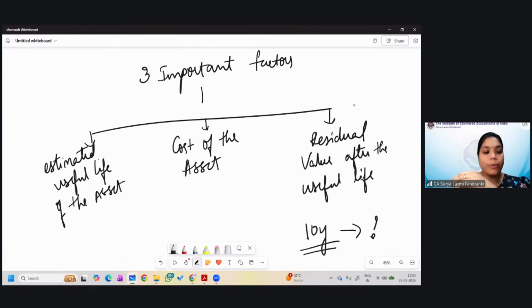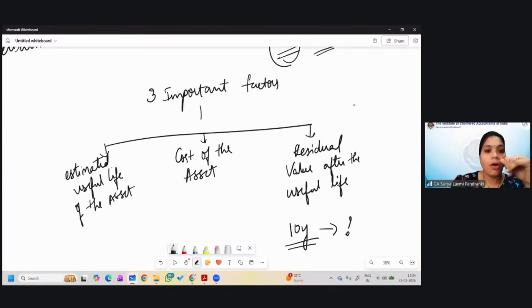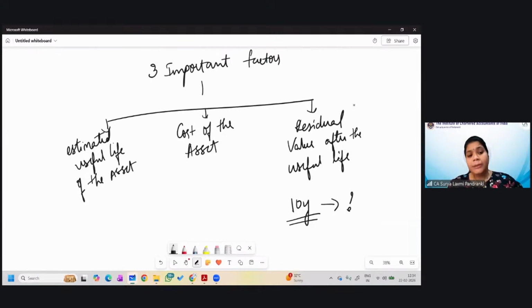At the end of the useful life, if you have to sell this machinery or that particular asset, what value will I sell it for? It is also called the scrap value. Scrap value and residual value are almost the same. When you try to sell it by the end of the useful life, the expected value you are going to get is nothing but the residual value or scrap value. So these are the three main important factors you will have to consider when calculating the depreciation, right?